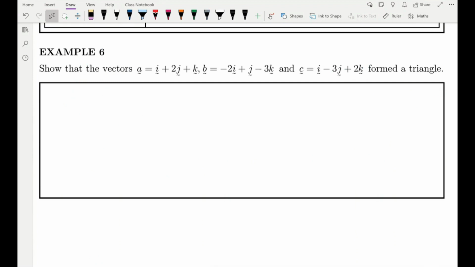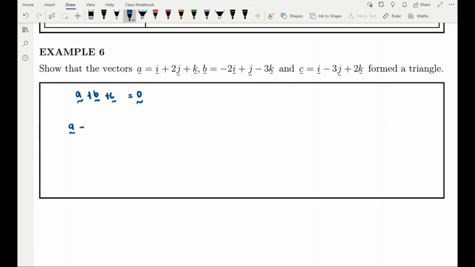Show that the vectors A (1, 2, 1), B (-2, 1, -3) and C (1, -3, 2) form a triangle. Before this, we know that we can show the 3 vectors form a triangle if A plus B plus C equals vector 0.